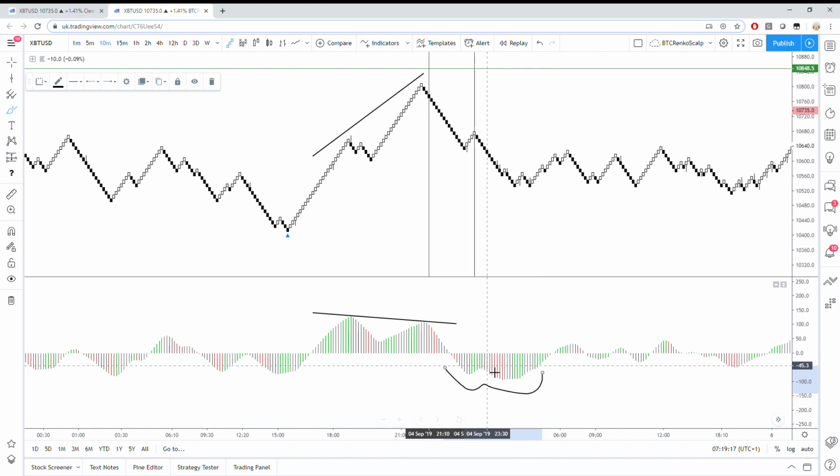We don't need to rush out of position. What we can also use the Awesome Oscillator for, the second function of the Awesome Oscillator, is trend identification. So once we cross to the bearish side and we're in a short position, there's a pretty good argument for not leaving this position until we cross back over to the bullish side.